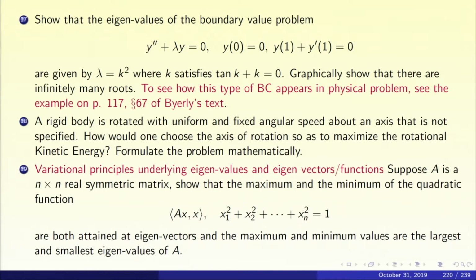Now, we want to show that the maximum and minimum are both eigenvalues of A. The maximum of this quadratic function is going to be the largest eigenvalue, the minimum is going to be the smallest eigenvalue. And we are maximizing over what? We are maximizing over the unit sphere, x1 squared plus x2 squared plus etc plus xn squared equal to 1. Remember that the unit sphere is a closed bounded subset of Rn, and hence it is compact.